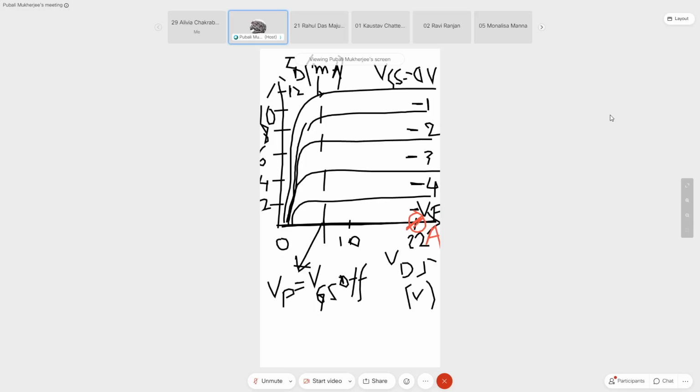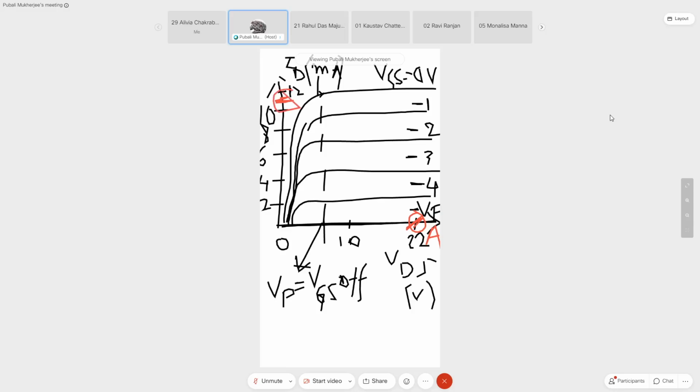If you look into the circuit, VDD was 22 volts, and RD was 2 kilo ohms. So 22 volts by 2 kilo ohms will give you 11 milliampere. So the coordinate of point B is VDS 0 volt and ID 11 milliampere. It's a point out here. I call it point B.